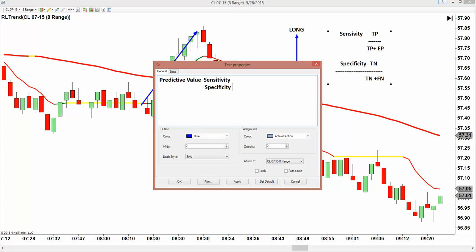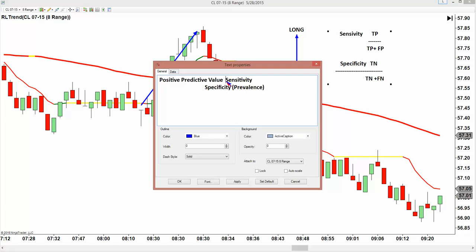And the thing that's really important is that it's multiplied. This is the numerator and this is the denominator. It's multiplied by prevalence. Now here's the key: you want the positive predictive value of a trade to be very, very high.